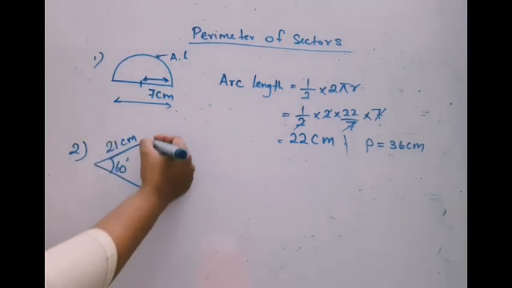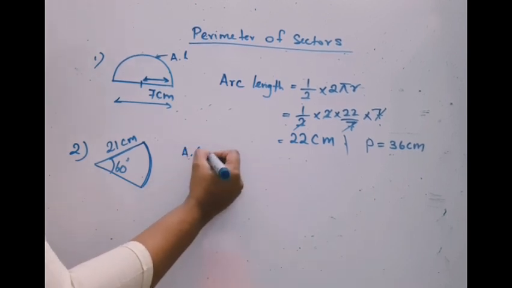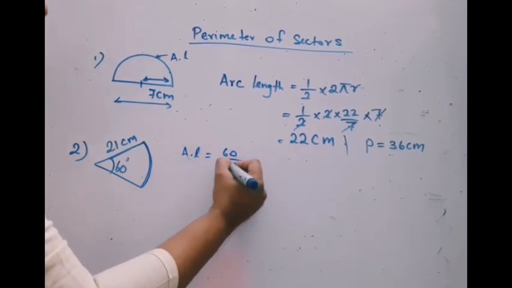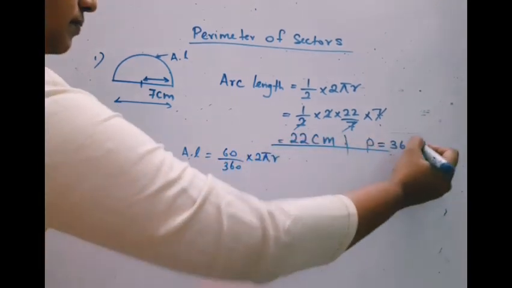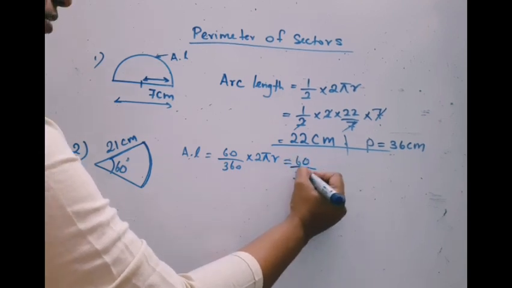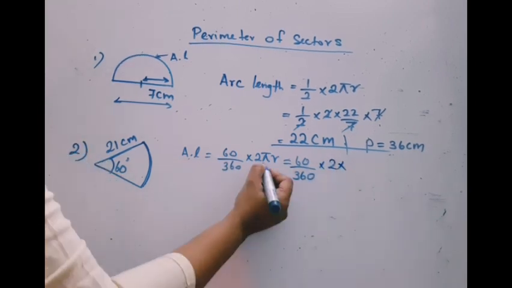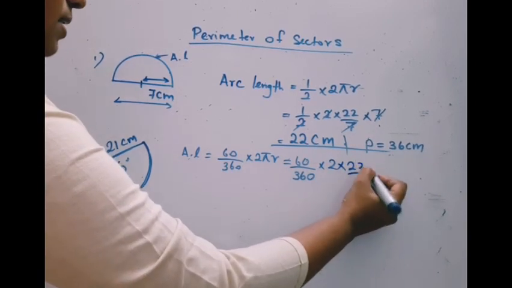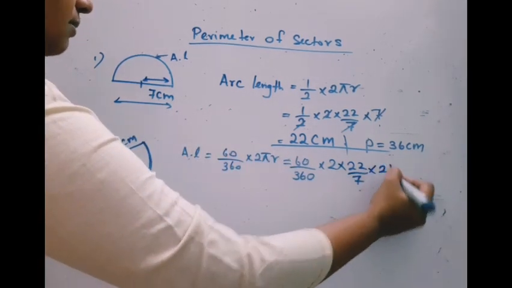Now let's move on to the second example. Let's find the arc length first. The arc length is 60 by 360 into 2 pi r. I'm going to substitute the values first: 60 by 360 into 2 into pi, which is 22 by 7, and the radius is 21 centimeters.